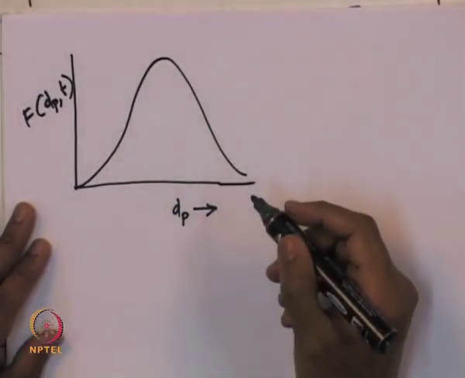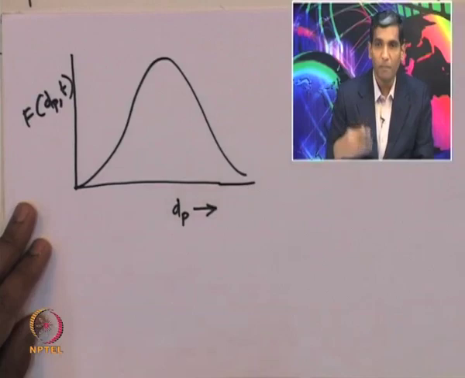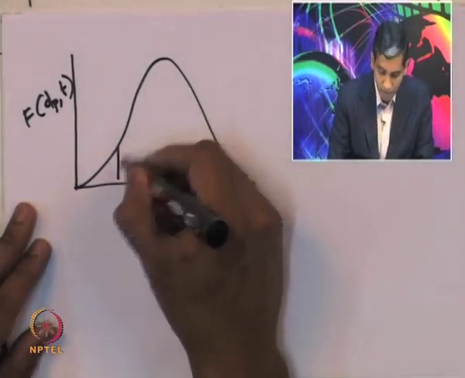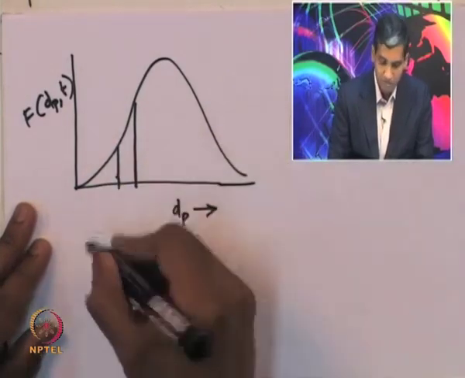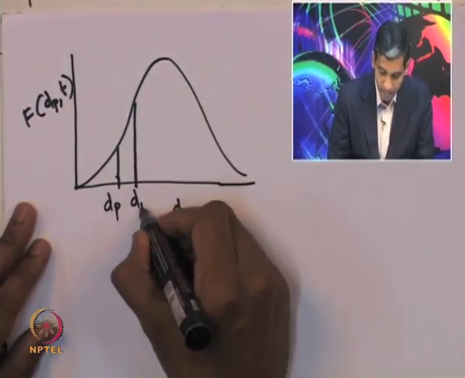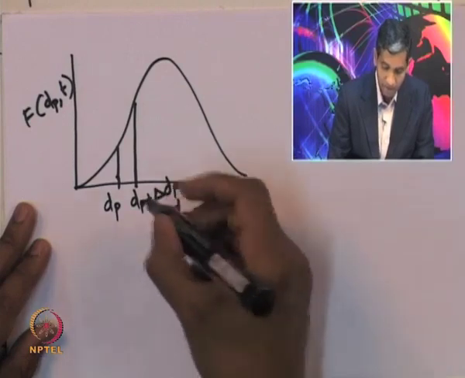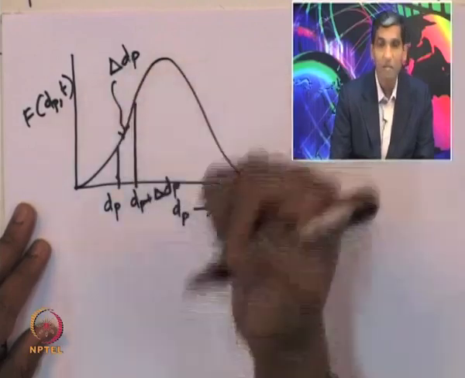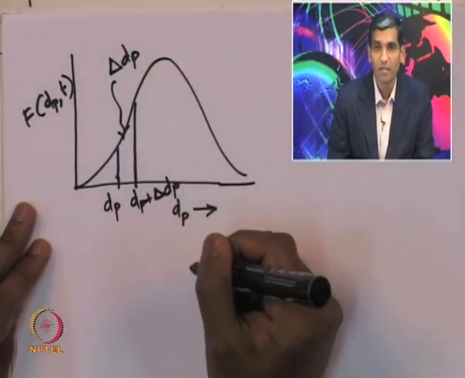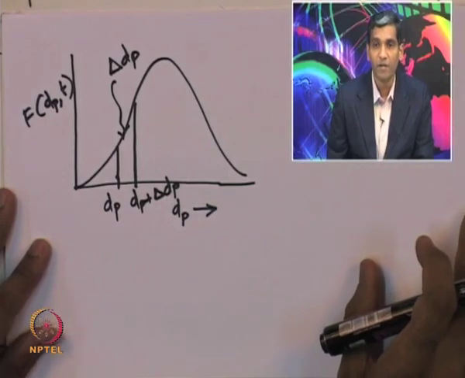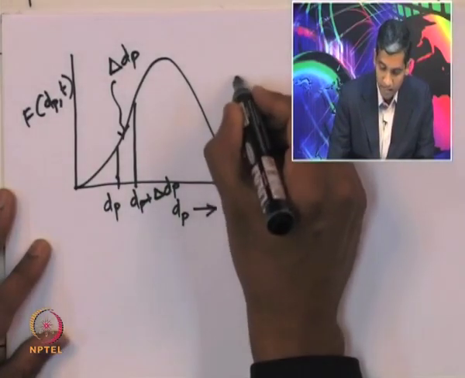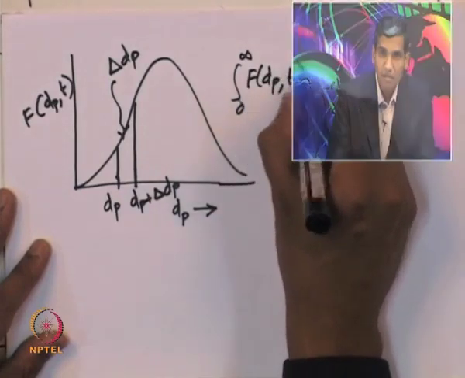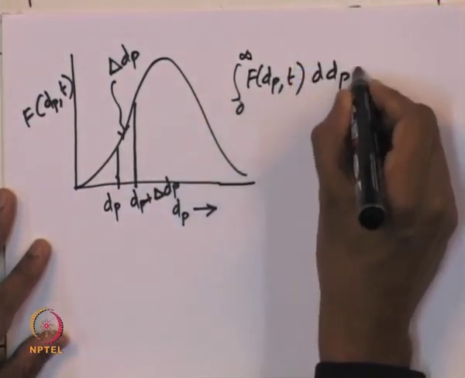Now, we can write a simple balance on the population of these drug particles, and suppose we take a small element between dp and dp plus delta dp. The thickness of this element is delta dp, and by definition of this histogram, the integral from 0 to infinity of f of dp comma t into d dp should be equal to n naught.